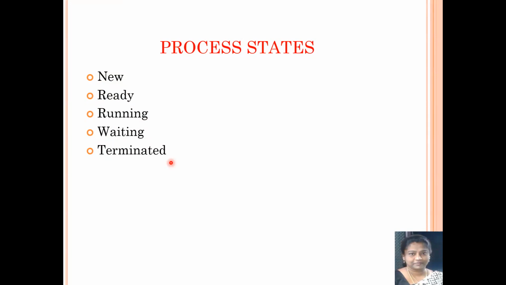We are now going to discuss in detail what is meant by each of these states and how they move from one state into another with the help of a process state transition diagram.